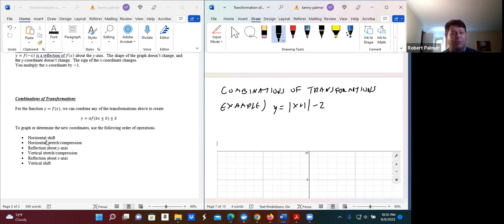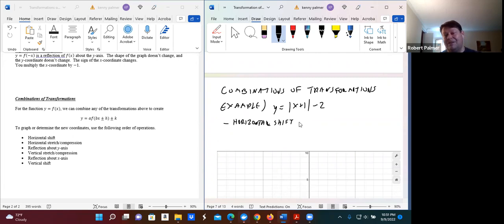Now in the order, what we're going to do is what this says. First a horizontal shift. Now, which way and how much? Remember, this one is opposite of what you'd think on the inside. If it's plus, it means we shift to the left.